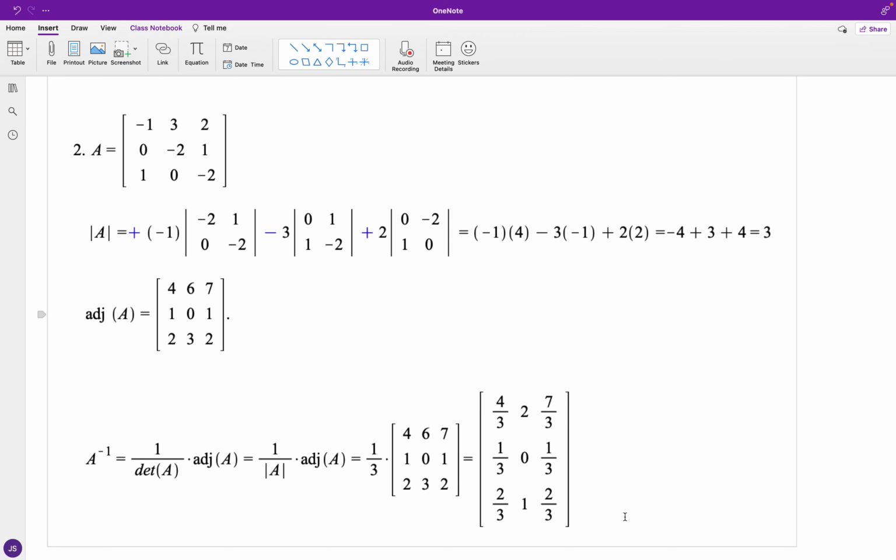The top row consists of 4/3, 2, and 7/3. The middle row we have 1/3, 0, and 1/3. And in the last row, capping off, we have 2/3, 1, and 2/3.